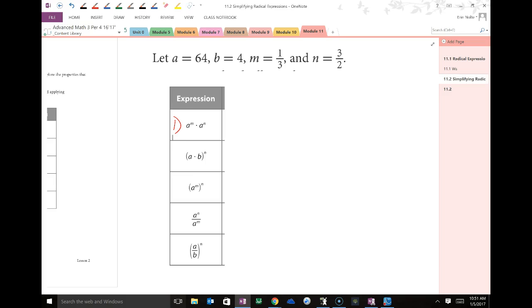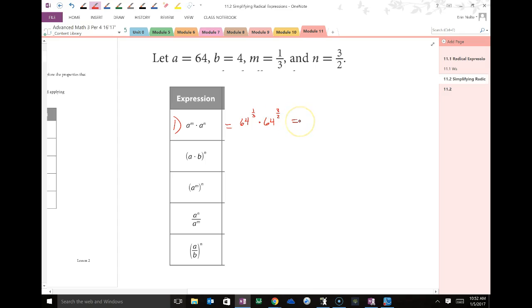Okay, so for question number 1, what is the first thing that I want to do given a to the m times a to the n? The first thing we want to do is plug in the values, right? We always want to substitute in the values that we know. So this is going to be 64 to the 1/3 times 64 to the 3/2.